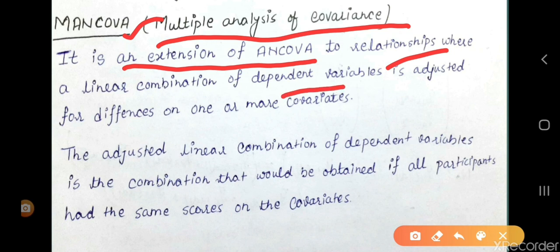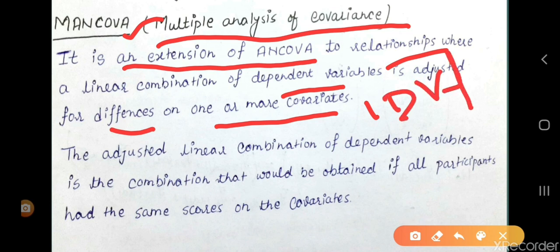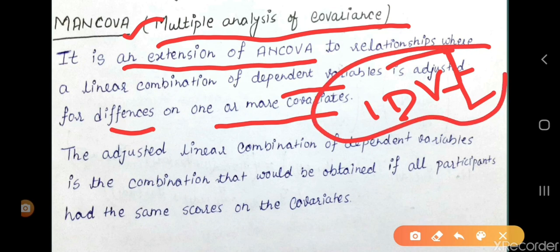We were adjusting this relationship for differences on one or more covariates. Okay, so in one way ANCOVA we have at least one dependent variable having more than two levels and at least one covariate. It could also have two dependent variables having multiple levels and at least one covariate.